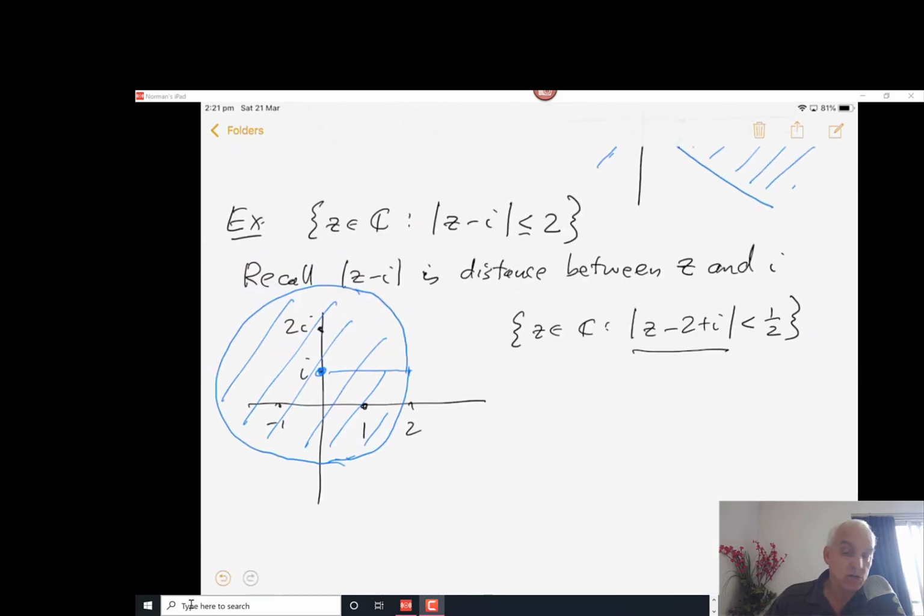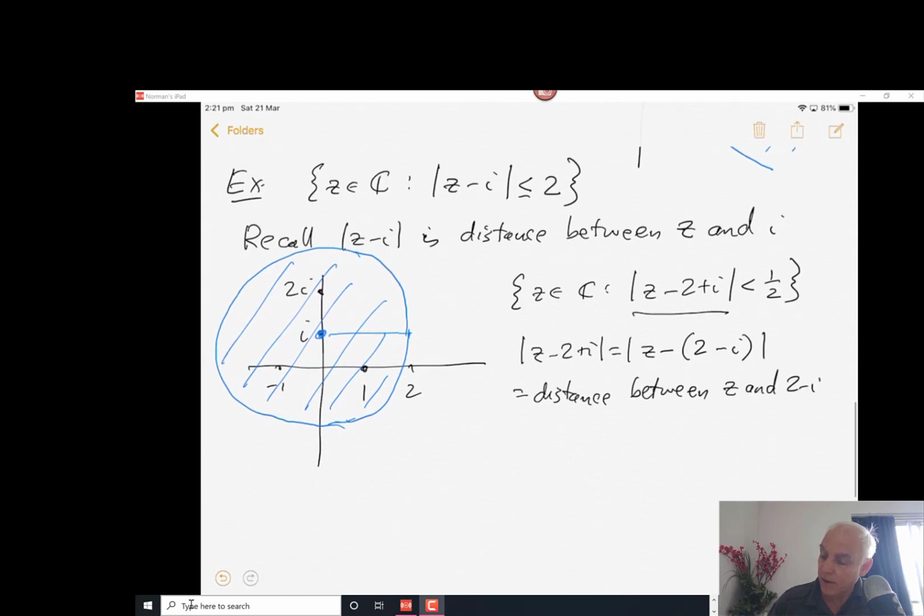We have to interpret it as a distance. So mod z minus 2 plus I, that's the same as the modulus of z minus 2 minus I. Okay, so when we write it this way, it makes it clear that this is the distance between z and 2 minus I.